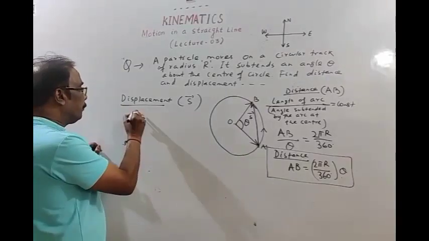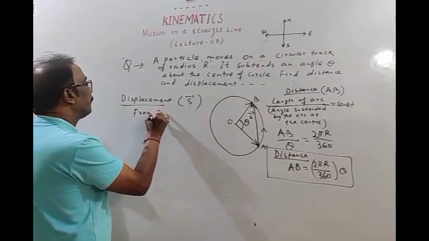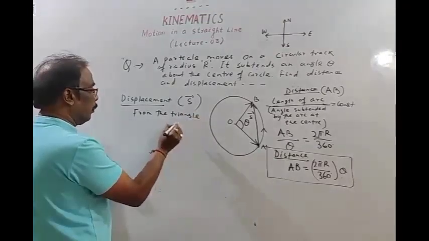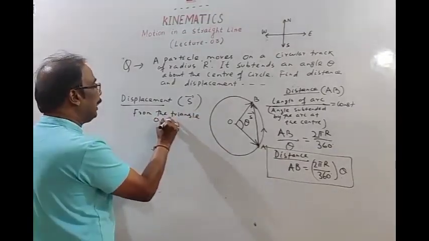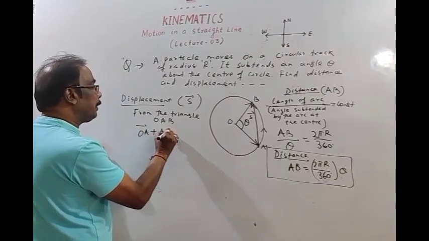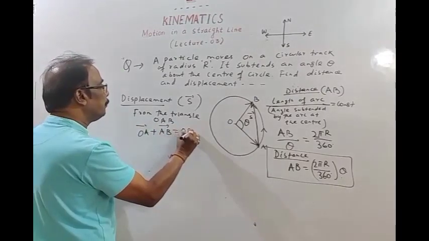From the triangle OAB, the OA vector plus the AB vector is equal to the OB vector.